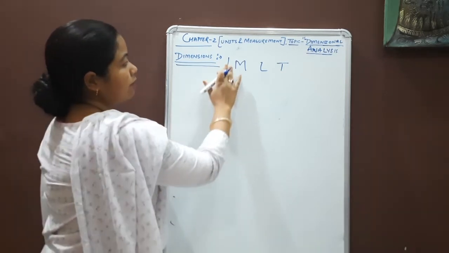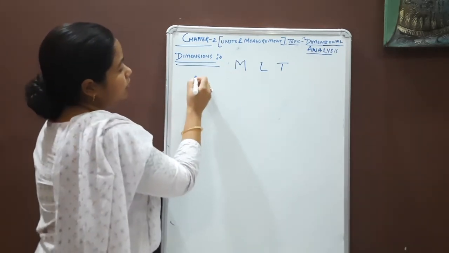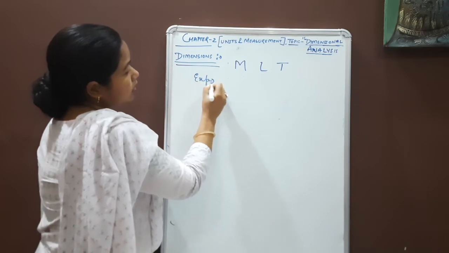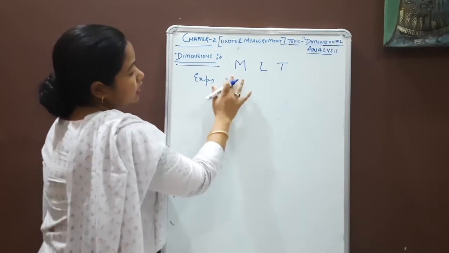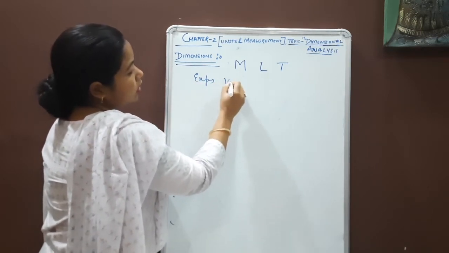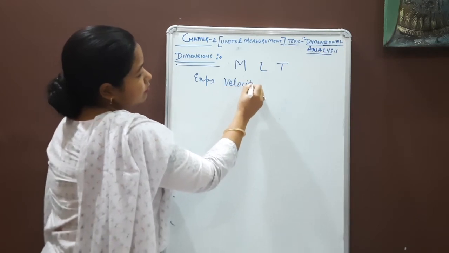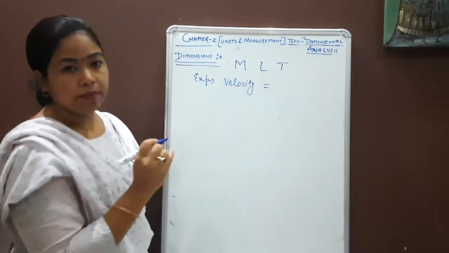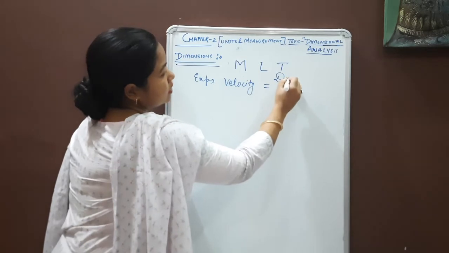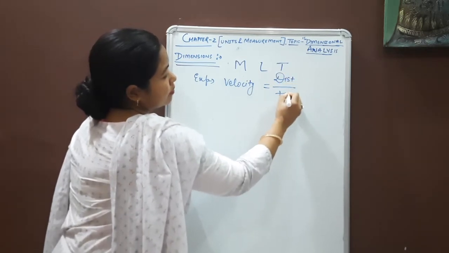For example, suppose we are writing the dimensional formula for velocity. Velocity is represented as distance upon time.